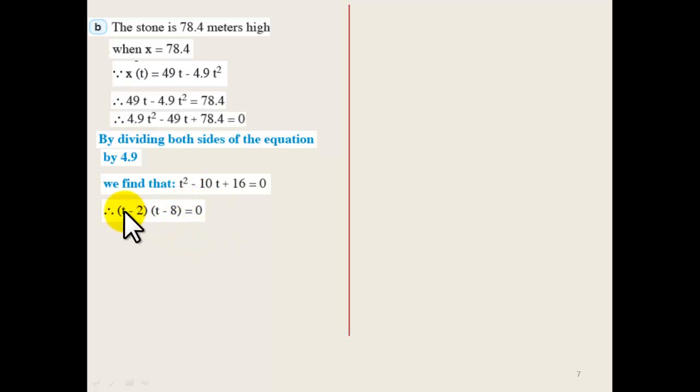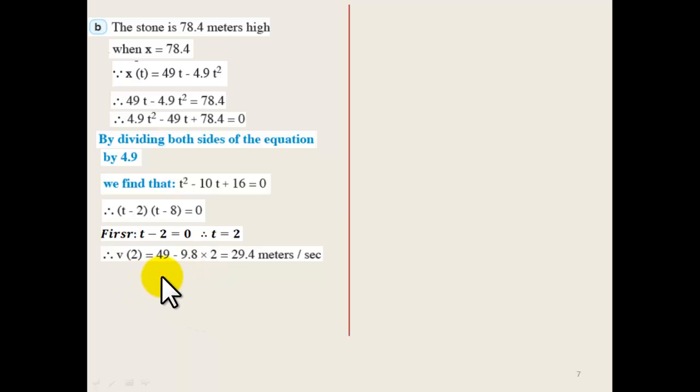T square is t multiplied by t, and 16 is 2 multiplied by 8, with the sign of the middle term: negative 2 and negative 8. So t minus 2 equals 0, it means t equals 2. What does that mean? It means the body will be at the height 78.4 after 2 seconds.